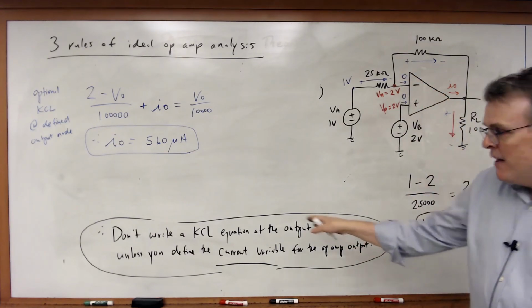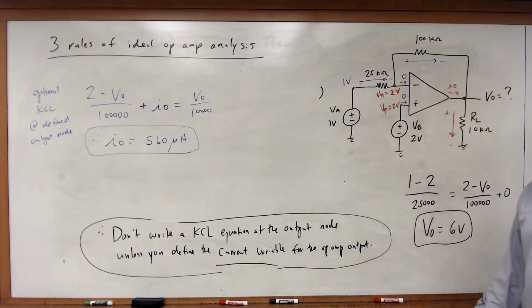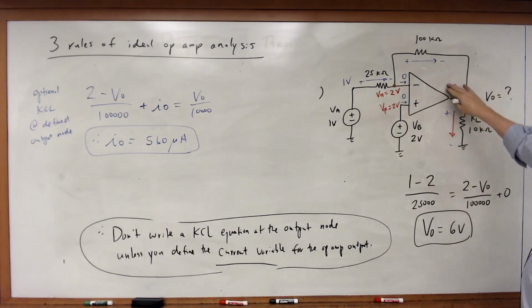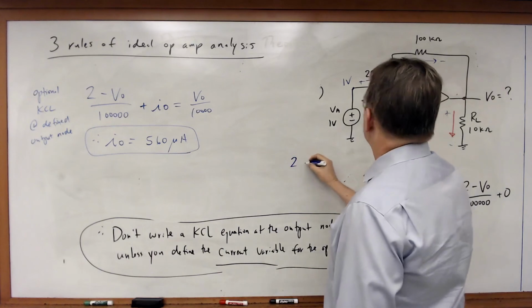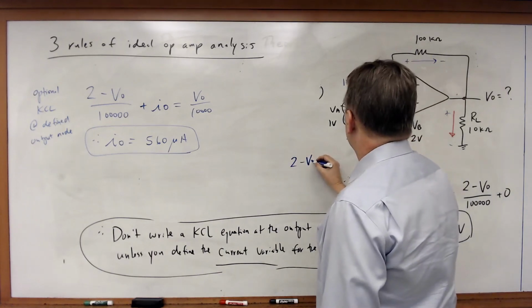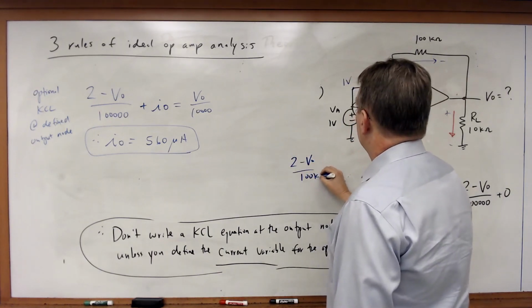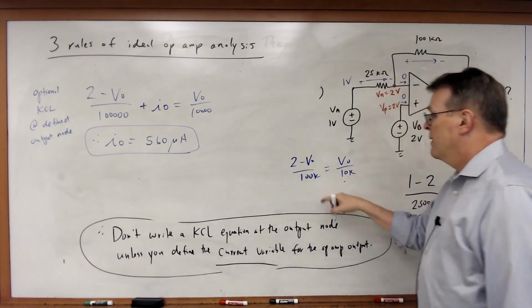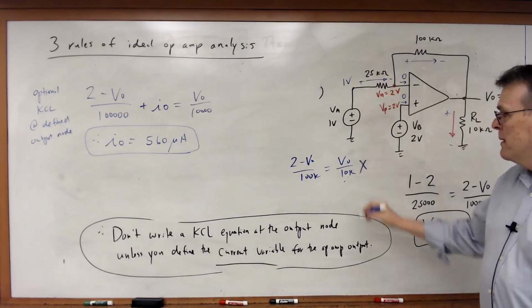Like I said, this rule is violated all the time. I will see so many students who will do this. They'll say, Dr. Holman, I need to write a KCL equation at this node, and they'll write 2 minus V sub O over 100K must be equal to V sub O over 10K, which of course is completely incorrect.